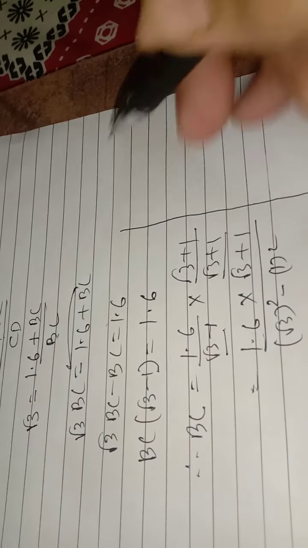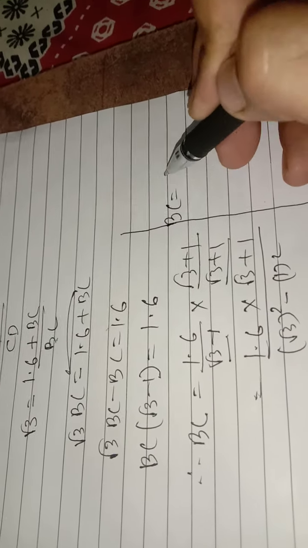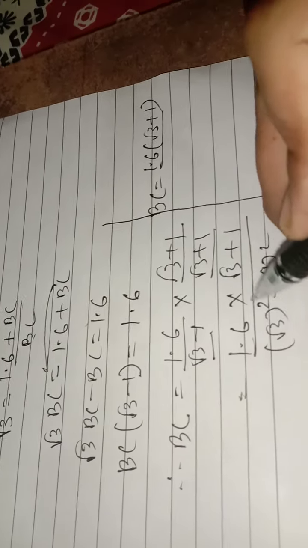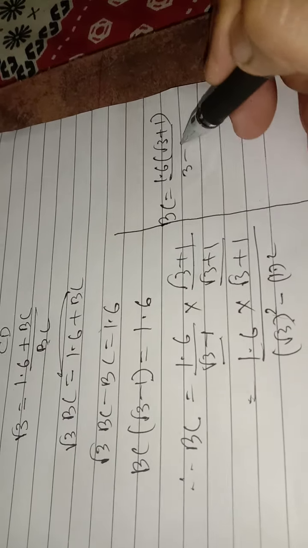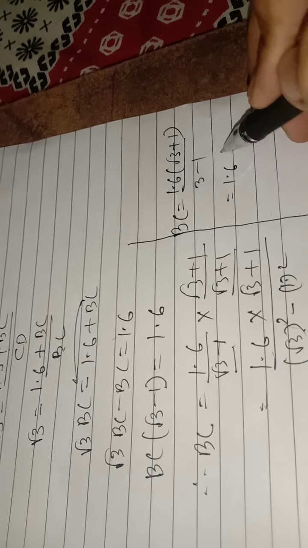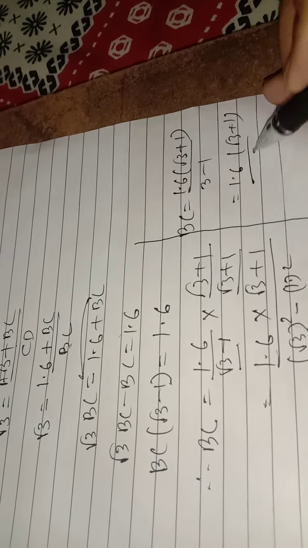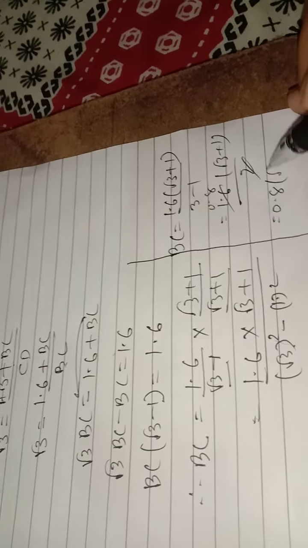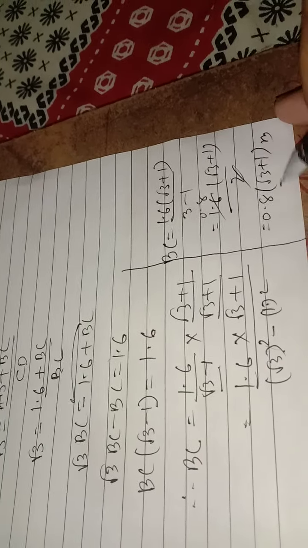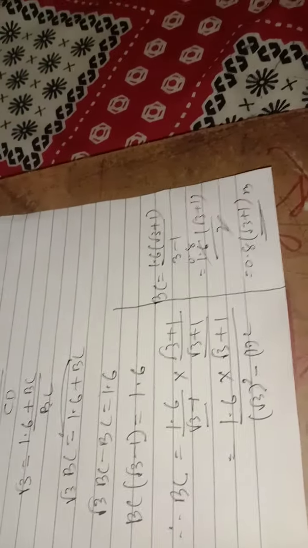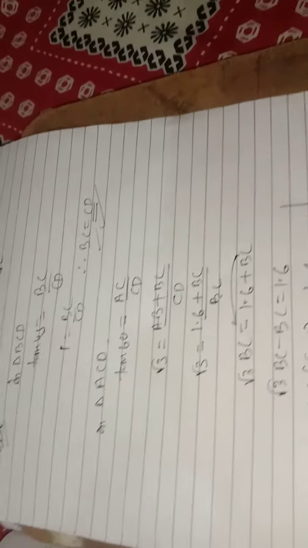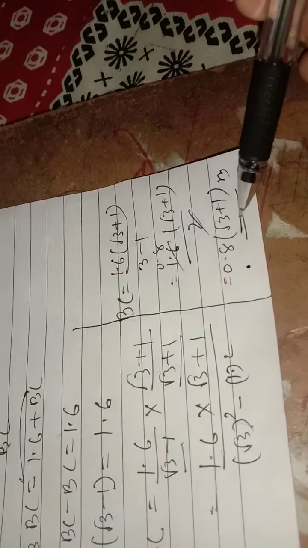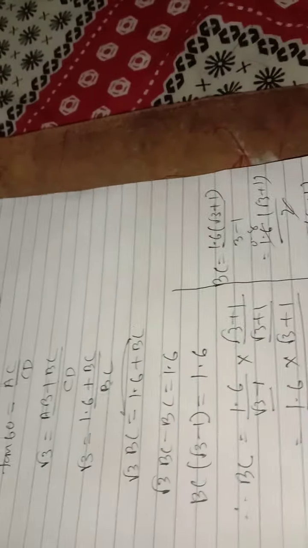So we have BC is equal to 1.6 root 3 plus 1 upon 3 minus 1, so it is 1.6 root 3 plus 1 upon 2. Cancel it, it is 0.8 root 3 plus 1 meter. That will be our final answer. That is the height of the pedestal. This value is 0.8 in bracket root 3 plus 1 meter.